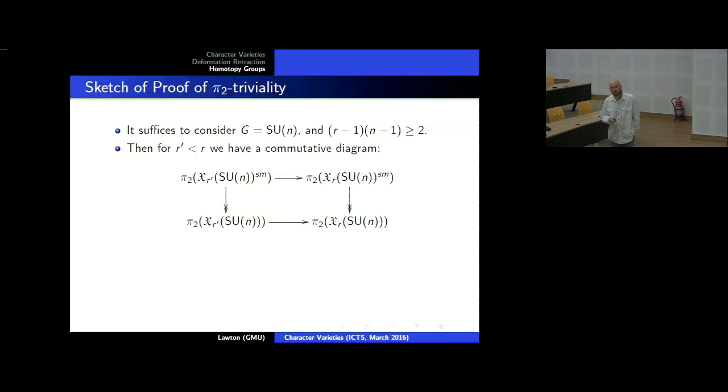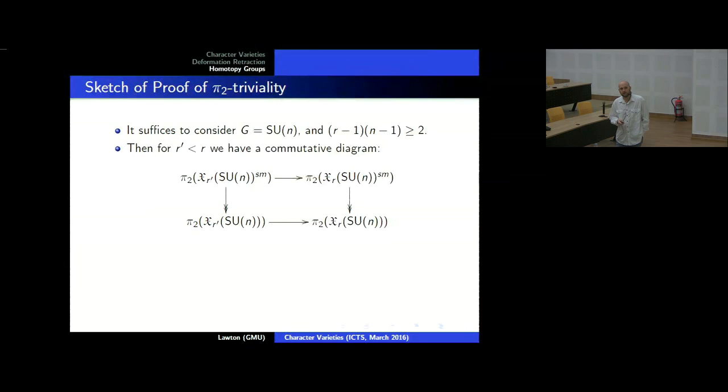I have these maps here that are surjective, but it's not at all obvious that they are surjective. In fact, that's a huge amount of work. But the basic idea is a free group of smaller rank injects into a free group of bigger rank, and so we get a map that way. And here, this is just inclusion a priori, without the pi 2s, just on the moduli spaces.